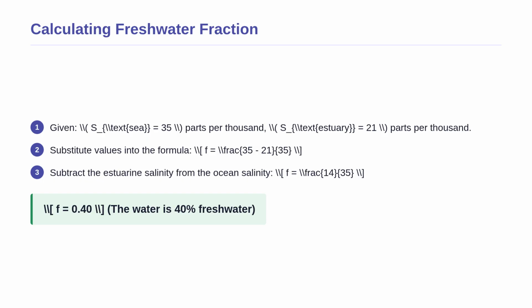Subtracting 21 from 35 gives us 14 in the numerator, which is the missing salinity diluted by the river. Dividing 14 by 35 gives a final decimal value of 0.40. This physically means the water at this location is exactly 40% freshwater and 60% seawater.